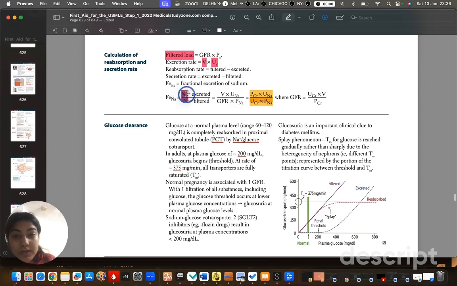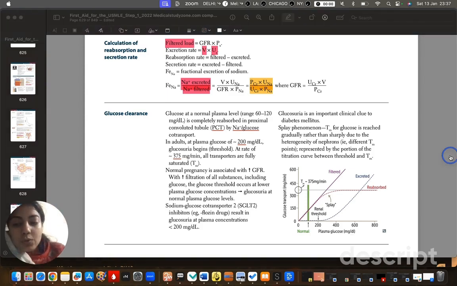So what's the sodium that was excreted divided by the sodium that was filtered? Okay, so that's the fractional excretion of sodium. This is the same formula, so you go ahead and do it yourself.